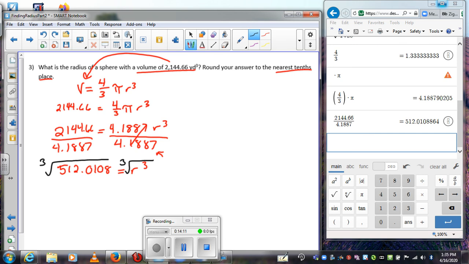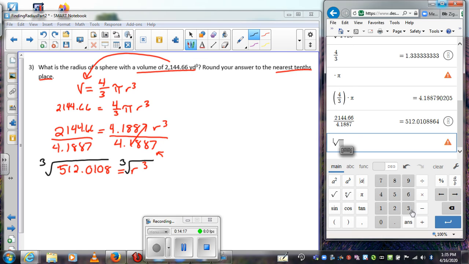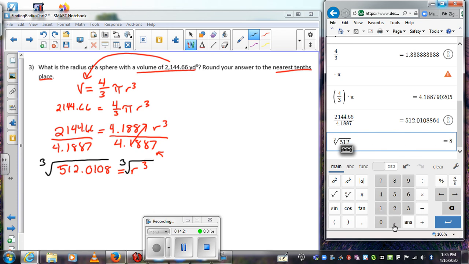So now I'm going to hit my button, hit the 3 side arrow, and do 512.0108.